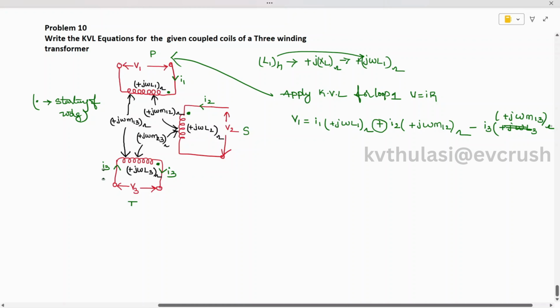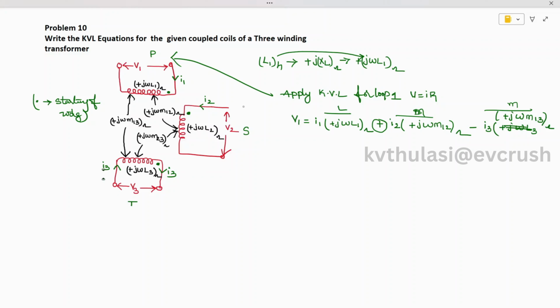So this is how to write it. Successfully we have written this as a self inductance, this as a mutual inductance, and this as another mutual inductance. I am labeling these as coil 1 due to the second coil, and coil 1 due to the third coil. Successfully we completed part 1.